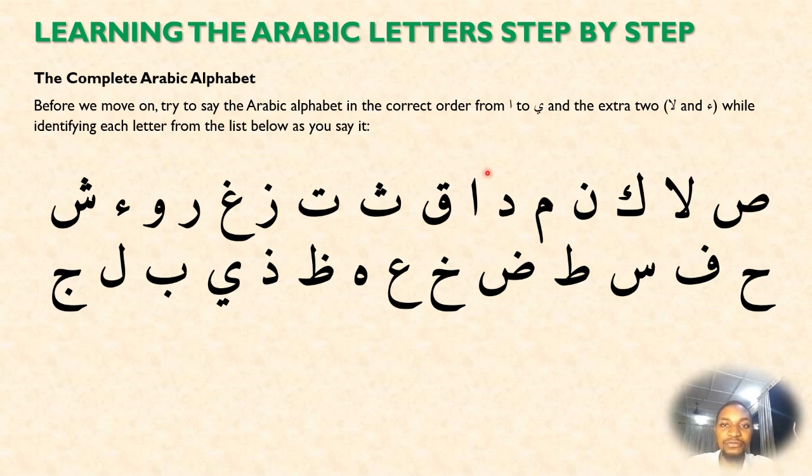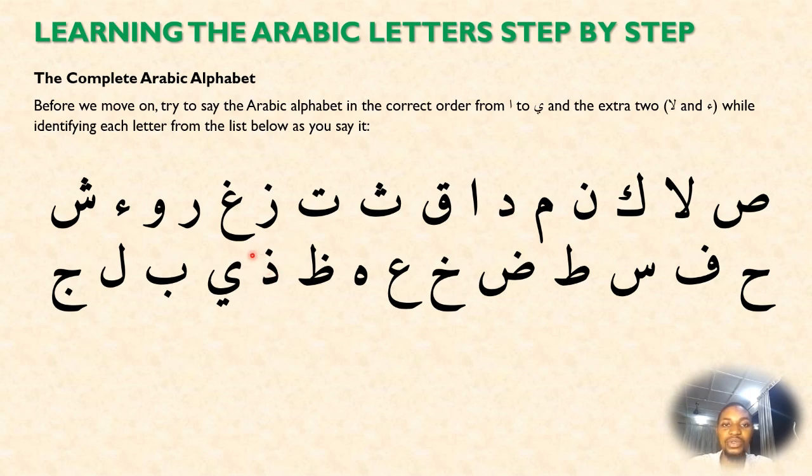This is alif, this is ba, this is ta, this is tha. The next one is jim, which has a dot below it. This is jim. Ha, this same shape, no dots, ha. Kha, this same shape with a dot above it, kha. Dal, this is dal, and dhal.